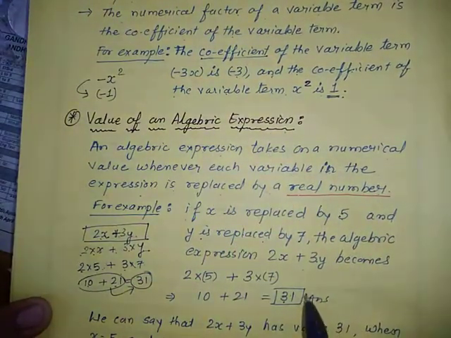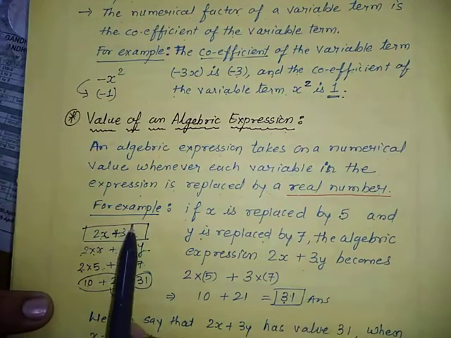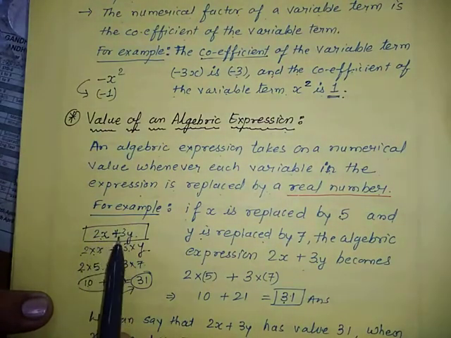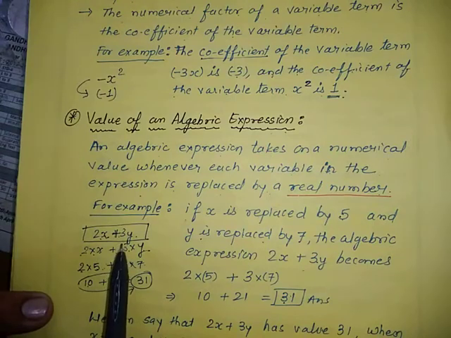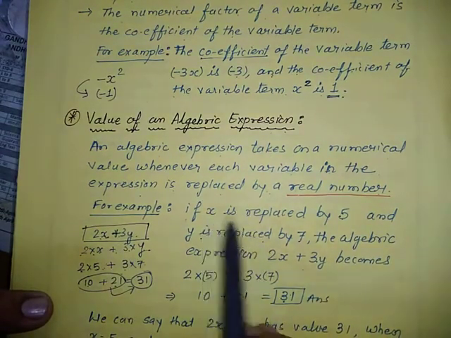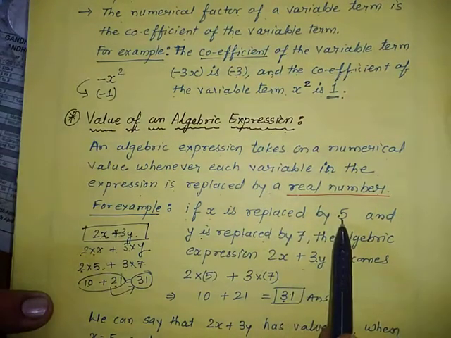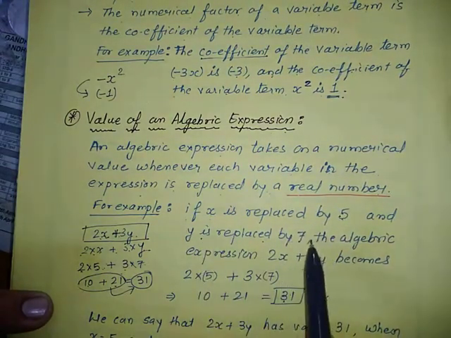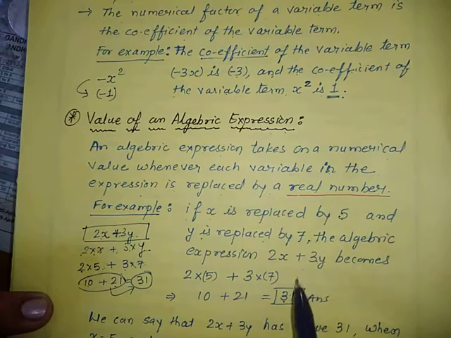Does this value 31 remain always for this particular expression 2x plus 3y? No. Why? Because if x is replaced by any other number and y is replaced by some other real number, definitely this value is going to change.